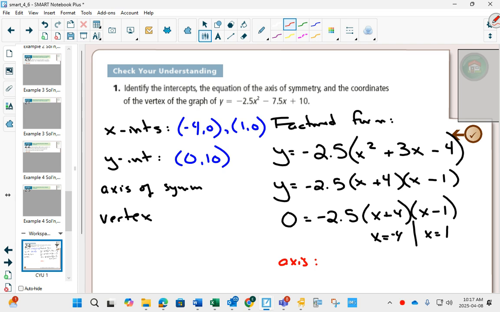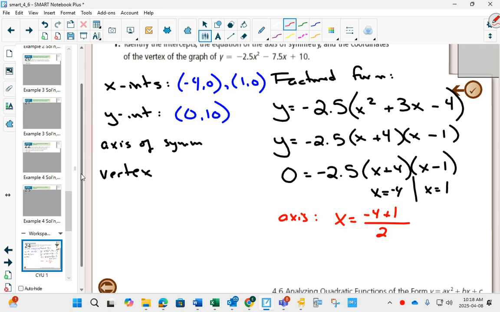So x equals, my two x-intercepts are -4 plus 1 divided by 2. So my axis of symmetry will be -3/2. Which I now know that my vertex is going to be -3/2, comma, something.